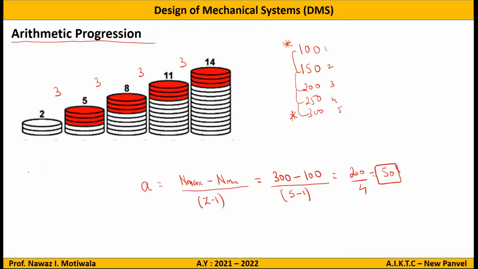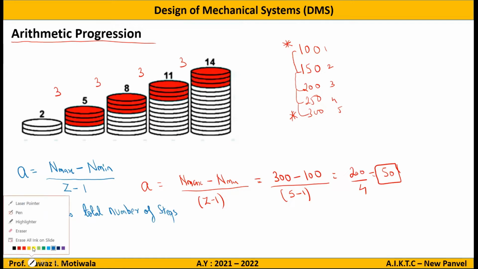So the formula is A, that is common difference, is equal to n max minus n min, that is minimum speed, divided by z minus 1, where z is the total number of steps. So total number of steps minus 1 will give you the formula. किसी को कोई doubt? No, sir, no doubt.